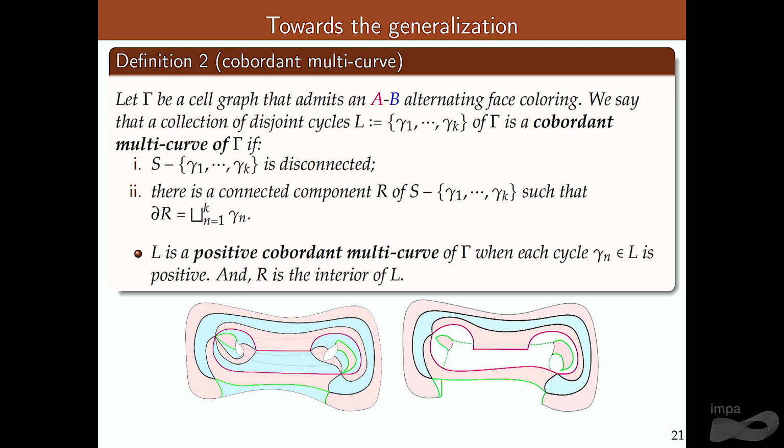For that, I introduced the notion of a cobordant multicycle. What is that? If you have a cell graph that admits an A-B alternating face coloring, then a cobordant multicycle is a collection of cycles made by edges of the graph, in such a way that the collection of cycles forms the boundary of a subsurface.